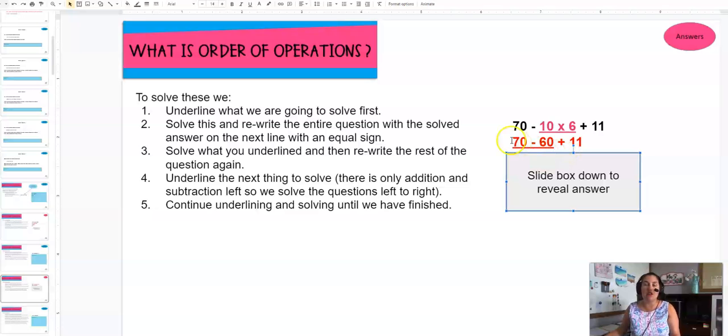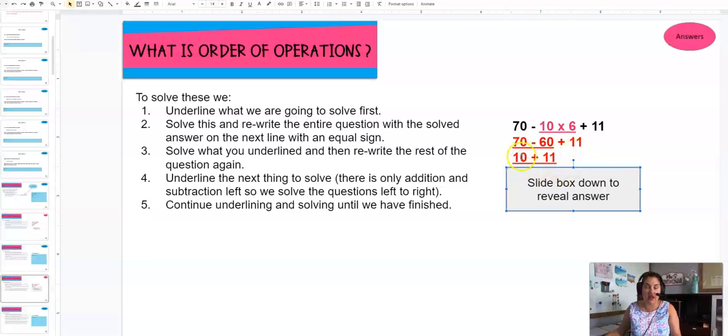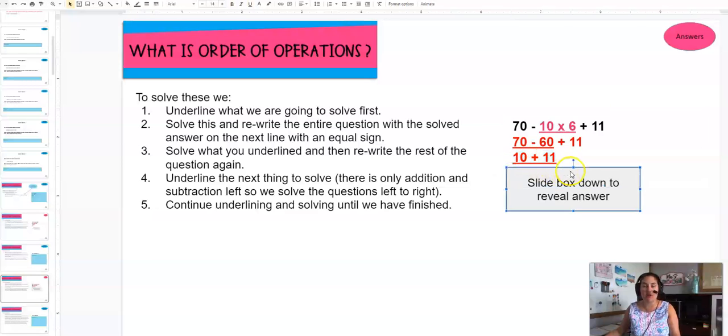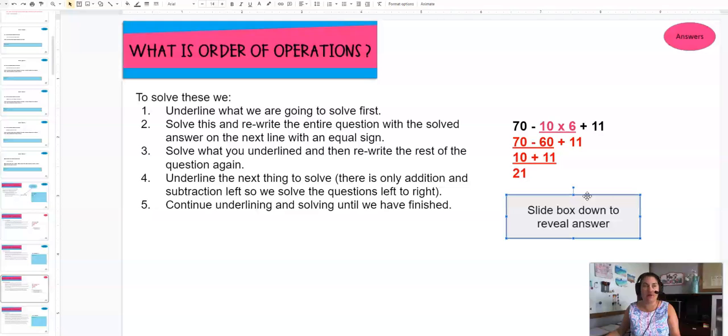So 70 minus 60 is what I'm going to solve next because that's what I'm underlining. 70 minus 60 is 10, and then I add the plus 11 at the end. I'm going to underline this because that's the last question I need to solve. And 10 plus 11, you should get 21. So that should be how you solve your order of operations questions.